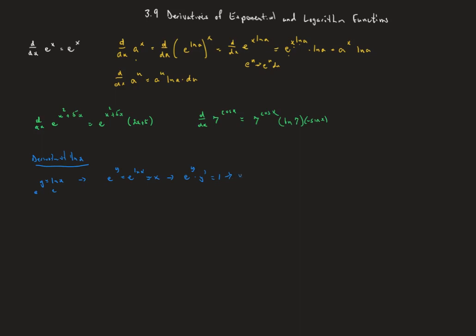So we're going to get y prime is equal to 1 over e to the y. But remember, y we said was natural log x. And here we are again with e to the natural log x is going to be just x. So there we have it. The derivative of natural log x is 1 over x.